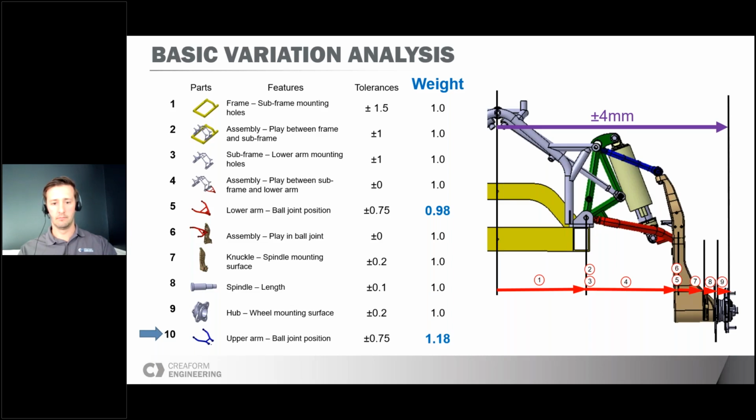You can imagine on the upper arm, where it is bolted to the subframe, if that specific hole position is off in the Y direction, it will make a rotation also on the knuckle at the end. It could also be an angle or something like that. So these will have impacts that are sometimes greater than what is on the drawing itself.